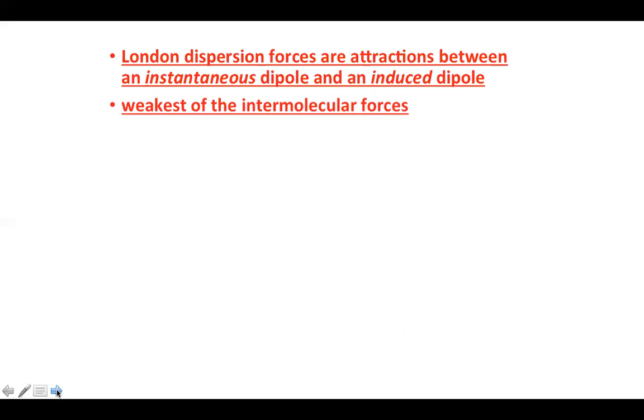Now, your London dispersion forces generally are considered to be the weakest of the intermolecular forces, but an important note: if they are giving you the boiling points of the substances, that automatically tells you which has the strongest intermolecular forces. So it could be that substance A has a boiling point of, let's say, 50 degrees Celsius, and substance B has a boiling point of 80 degrees Celsius.